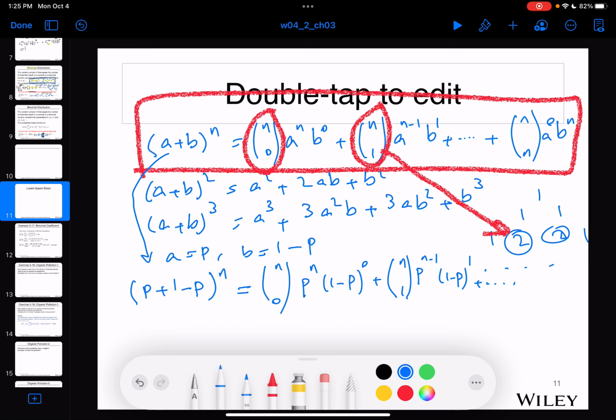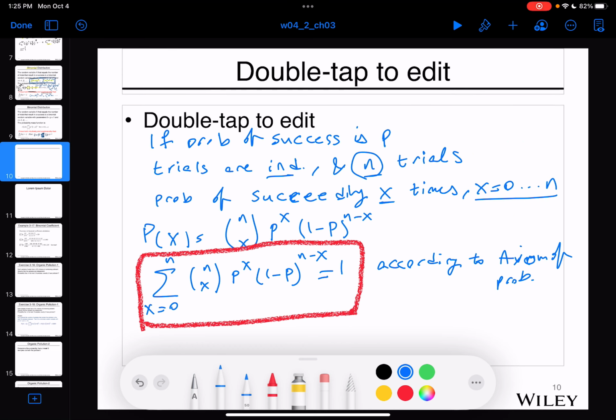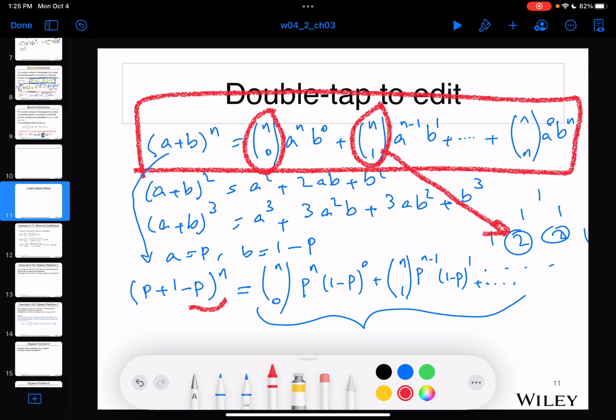And the right-hand side is exactly the right-hand side of this equation. And the left-hand side is 1, because P and P cancel out. Right?